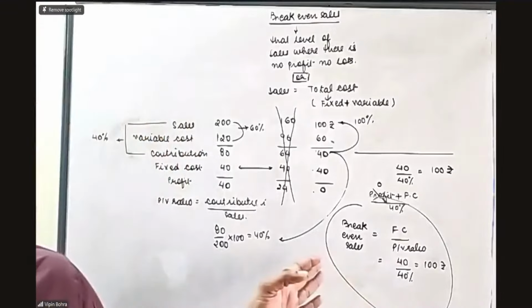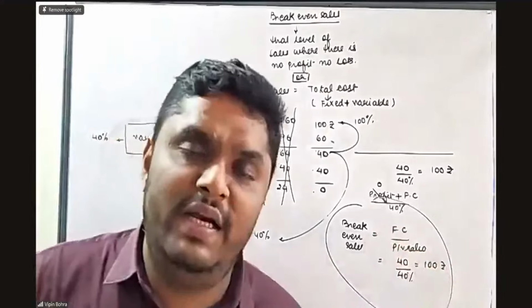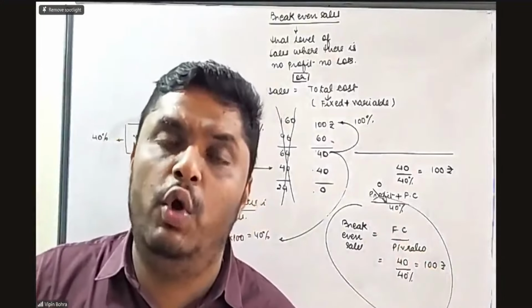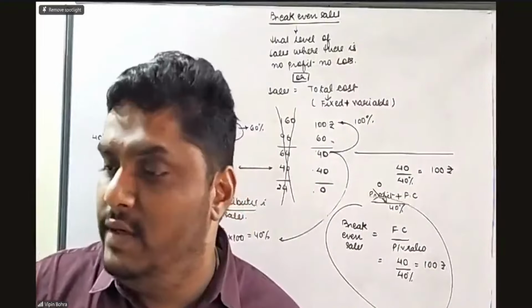So the formula given is fixed cost divided by PV ratio. But I hope you are thorough with how this formula is derived.